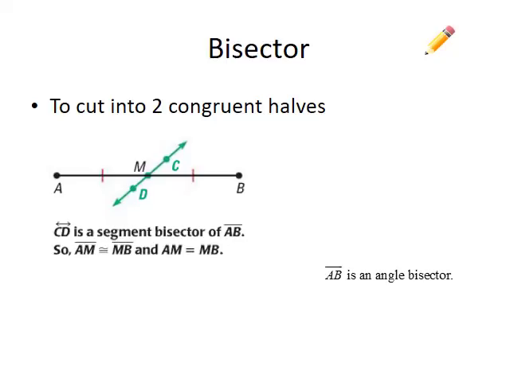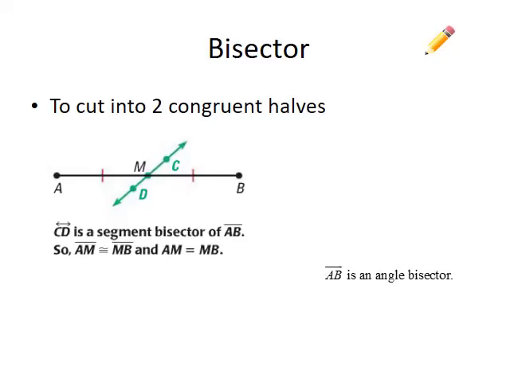And what's cutting the line segment AB is the line CD, and it's cutting it completely in half at this point M. So how we would read that is line CD, notice the notation, the line above the letters CD, is a segment bisector of the line segment AB. Remember, we say line segment when we see the bar above two letters. So that means that line segment AM is congruent to line segment MB, and AM is equal to MB, which means the measure of AM is equal to the measure of MB.